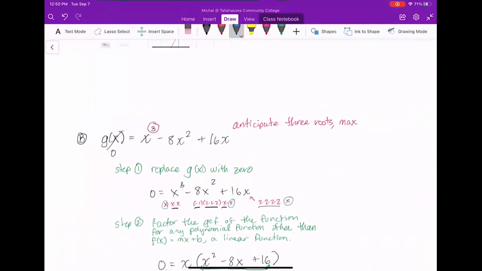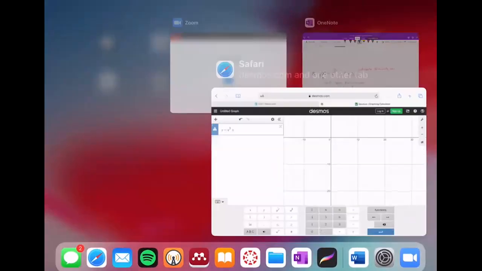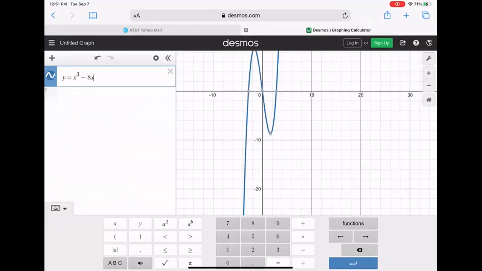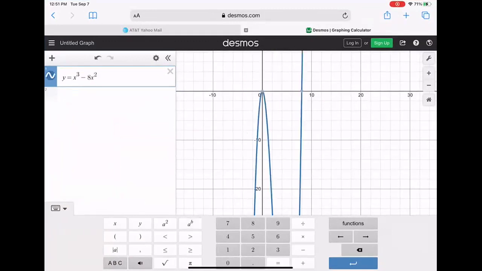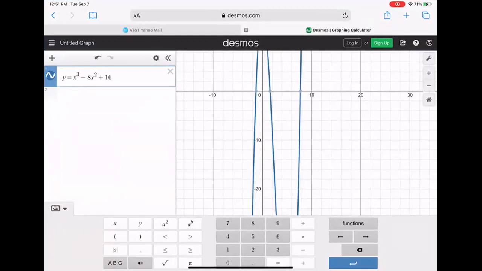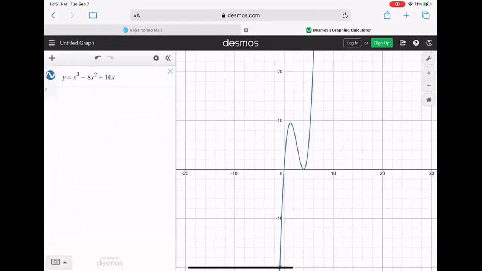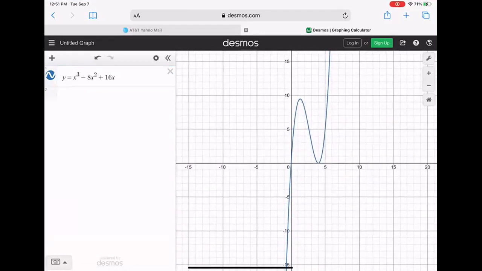I'm going to back that up and say minus 8x squared plus 16x. Nope, I didn't quite get plus 16x. And so we see this graph here. All right, and I'm going to do a screen cap so that I can draw on this. Let me just share my screen one more time.